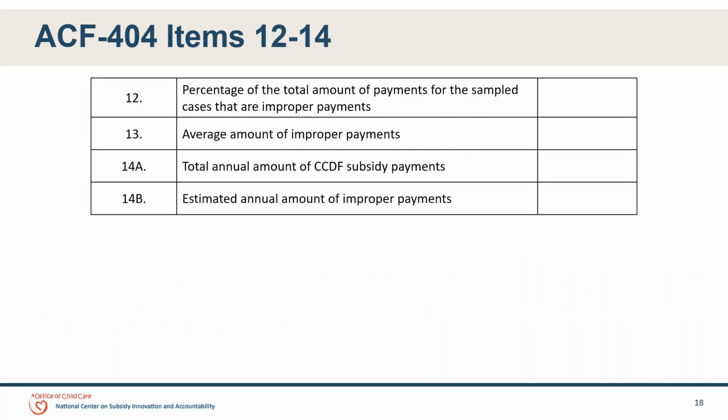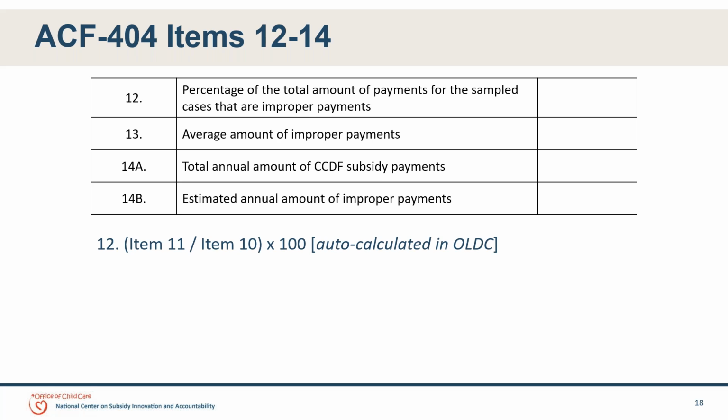Now I'm going to move on to item 12. This is the percentage of the total amount of payments for the sampled cases that are improper payments. This is what we refer to as your error rate. It's a percentage of the dollars that were improper payments. It is auto-calculated.